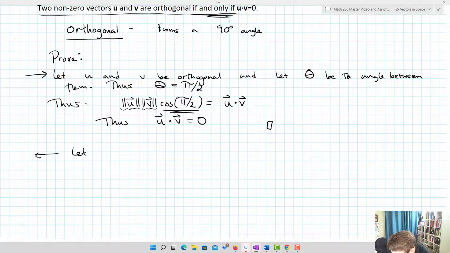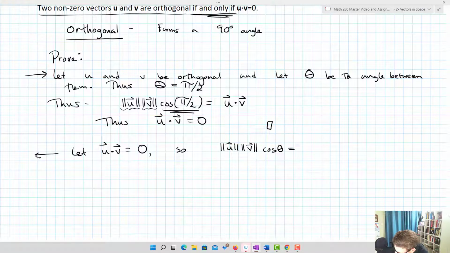In this case, we're going to start out with letting u dot v equal 0. So we've got the two of those equaling 0 when we dot them. And so, by definition, we get the magnitude of u times the magnitude of v times cosine theta is going to equal u dot v, which just equals 0. We said that already.